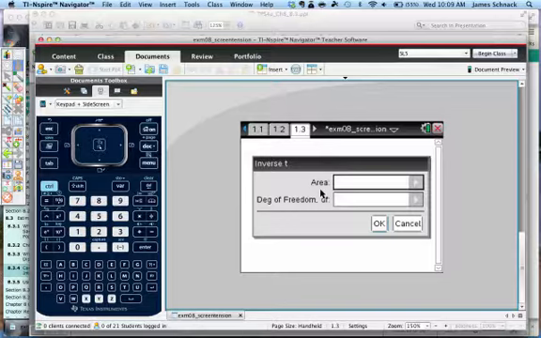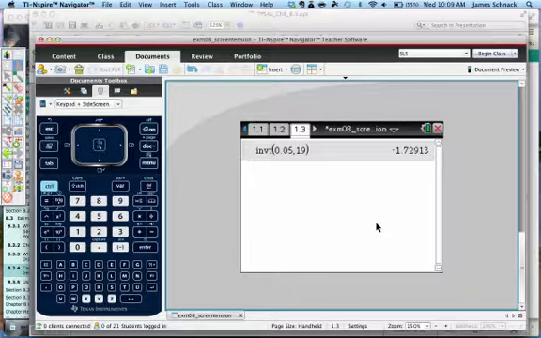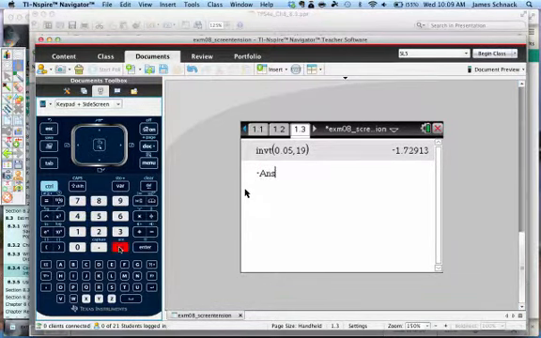So since we're a 90% confidence interval, each tail would be 5%. Our degrees of freedom, since the sample size is 20, is 19. So here is our t-score. Our t-score, remember, we're going to count as being positive. So I'm going to take the opposite of our answer, and I'm going to store that as t.